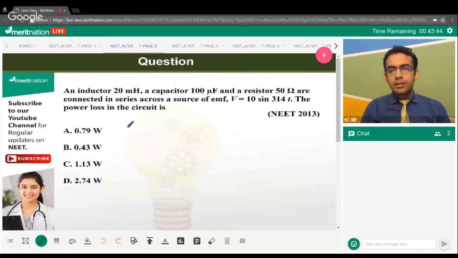An inductor of 20 millihenry, a capacitor of 100 microfarad, and a resistor of 50 ohm are connected in series across a source of EMF of voltage given by this relation.